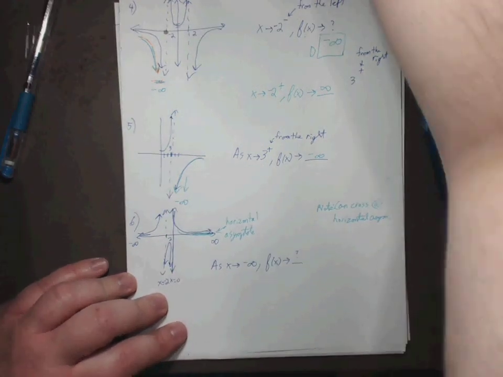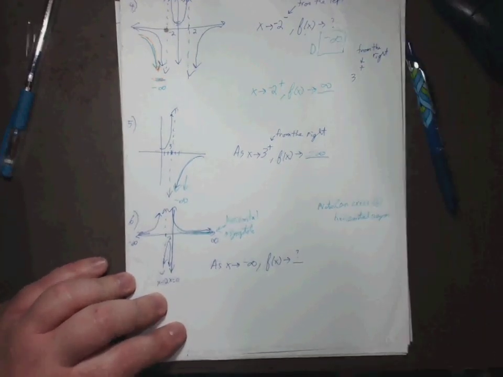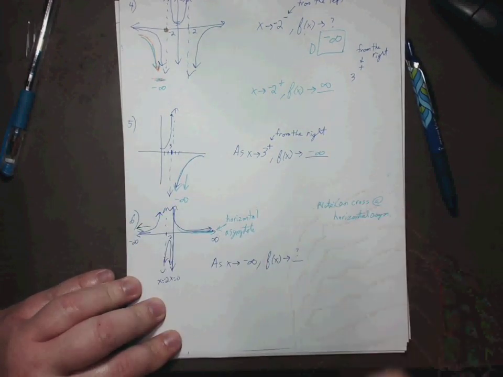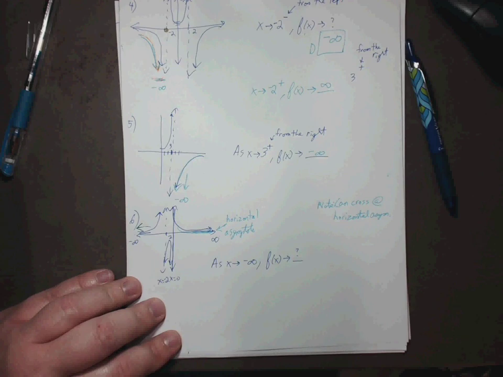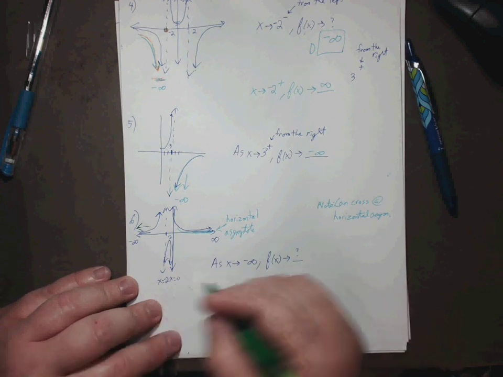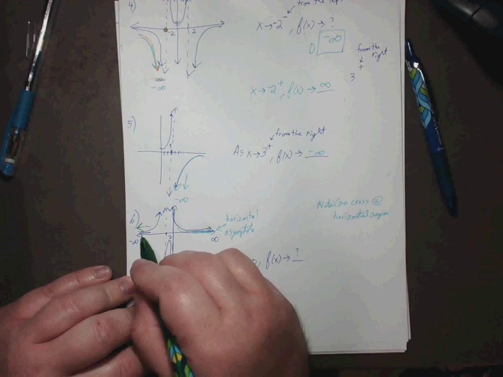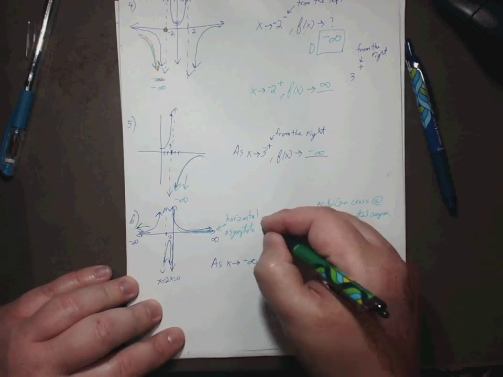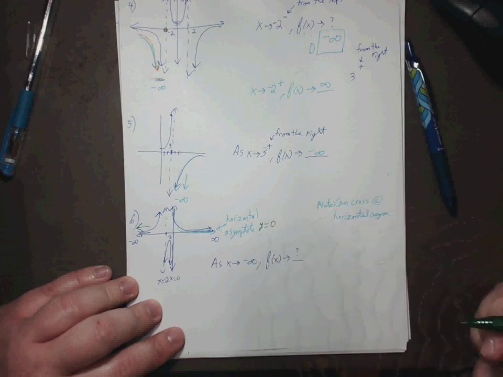Well, let me find another here. The graph goes that direction. Okay, well, what is it approaching? And if you look on your paper, it's drawn better, you'll see it is approaching that horizontal asymptote, which is at y equals 0.